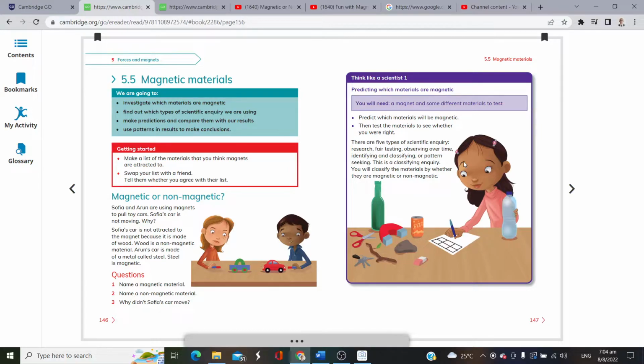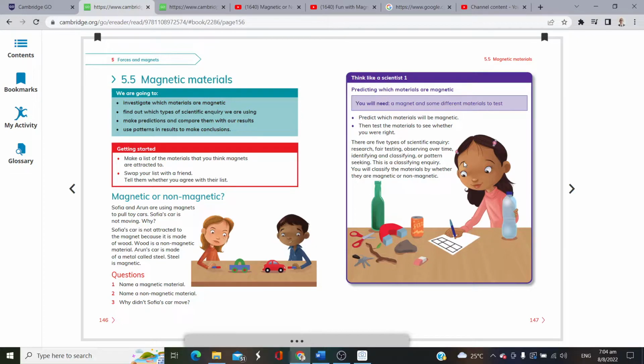What we need to do here is the type of identifying and classifying. First you need to identify, to predict, the materials that you think will be magnetic or non-magnetic.